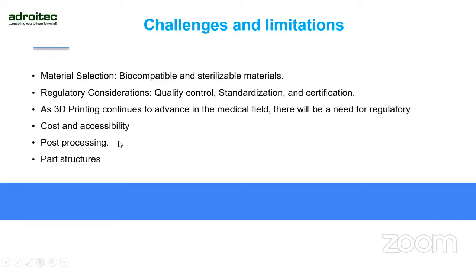There are some 3D printing models with different and difficult part structures where the cost of the product will be very high. Another thing is post-processing. In medical anatomical models, post-processing is very difficult because the tissues are very soft.